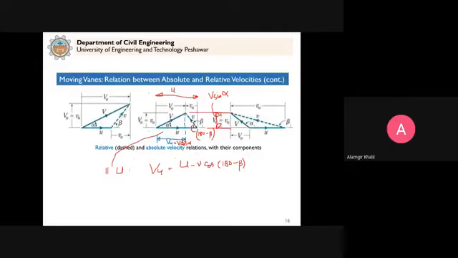You see this component, this is in opposite direction, so u minus small v cos of 180 minus beta, correct?